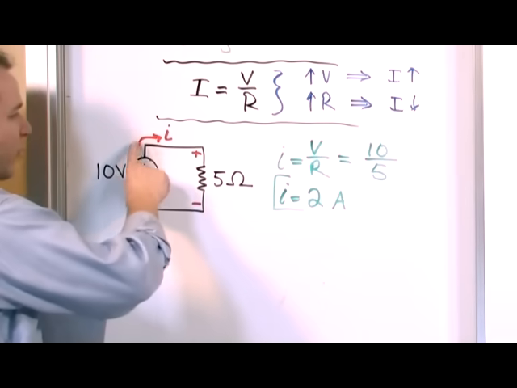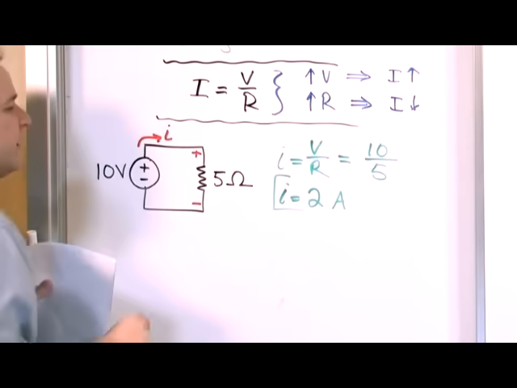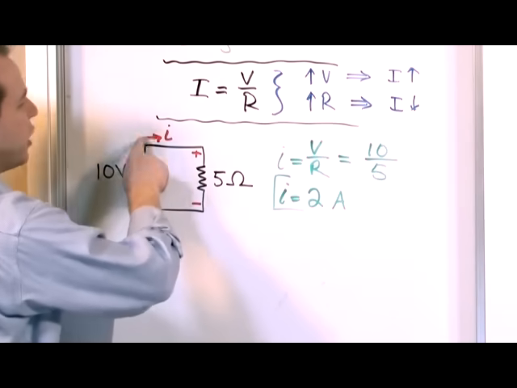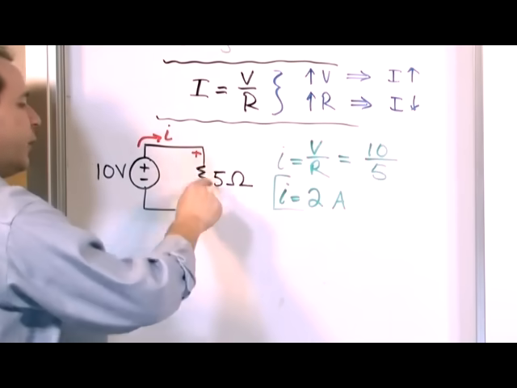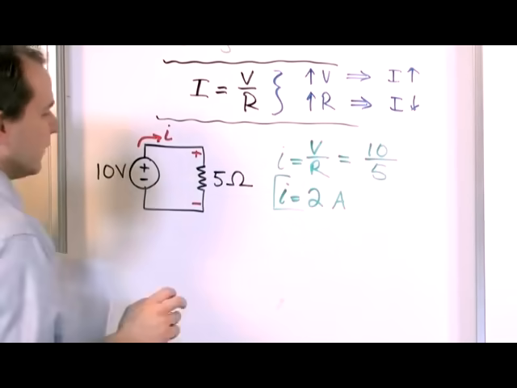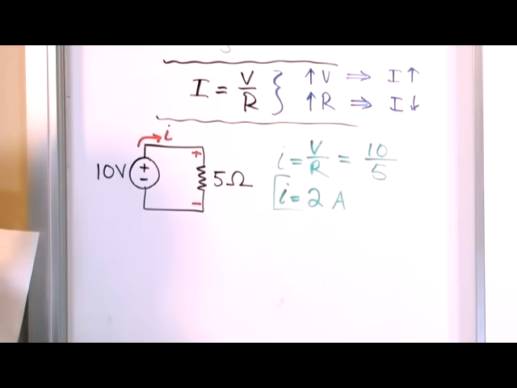Obviously it's coming from the source, but there's going to be a voltage drop across every single resistor in your circuit, and that voltage drop is going to be governed by Ohm's law because we know there's a current going through it, we know there's a resistance here, so there has to be a voltage across that resistor and across every resistor in a circuit. That's what Ohm's law tells you. All right? So, I just want to make sure you understand that because it's so very important.